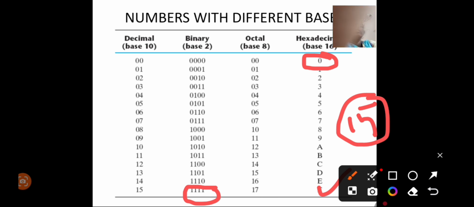This is what we can understand from this table. For example, 9 in hexadecimal is equivalent to 9 in decimal also, right? But here we have to represent it as 09, a 2 digit number, because the largest number is F, which is the 2 digit number 15.